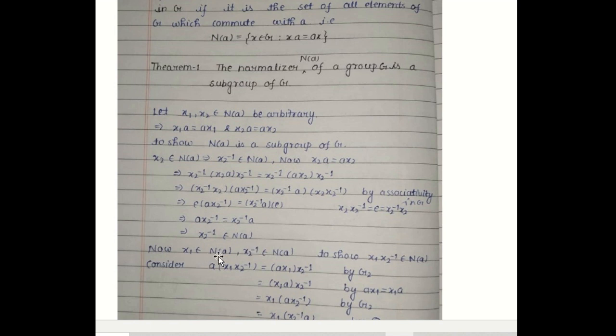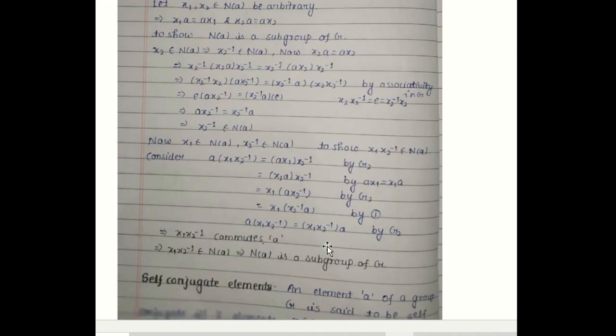Now x1 belongs to N(a) and x2 inverse belongs to N(a). We have to show x1 x2 inverse belongs to N(a). For that, if we can show that x1 x2 inverse commutes with a, then it will be in N(a). So we consider a x1 x2 inverse. By associativity, it can be written as (a x1) x2 inverse, and a x1 is equal to x1 a since x1 belongs to the normalizer.